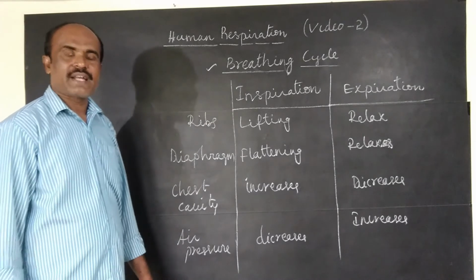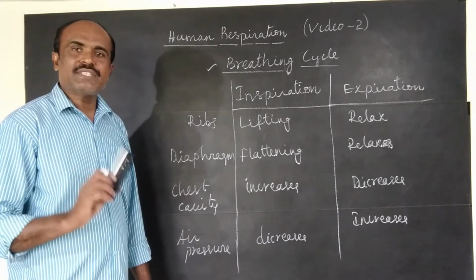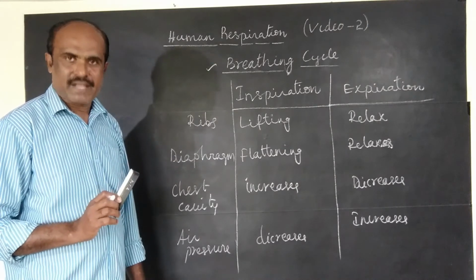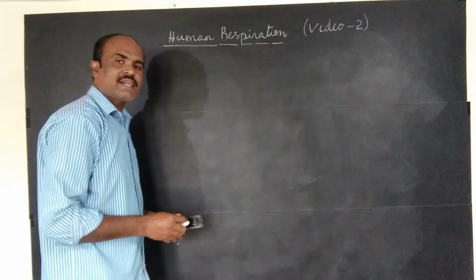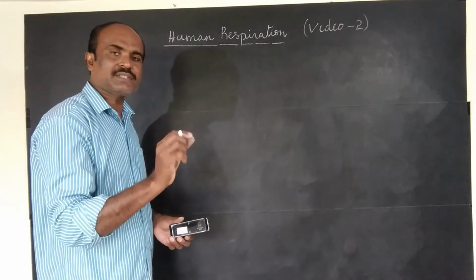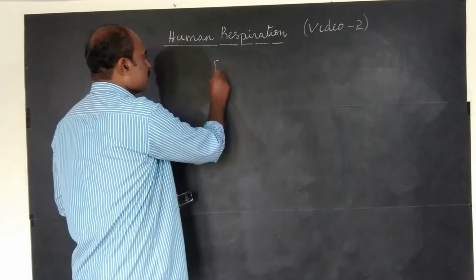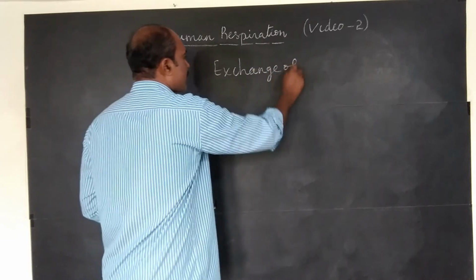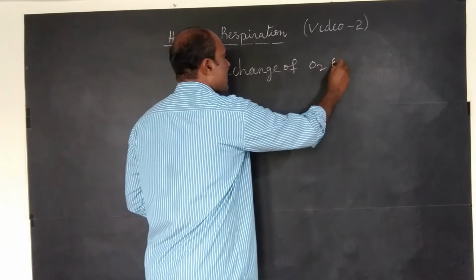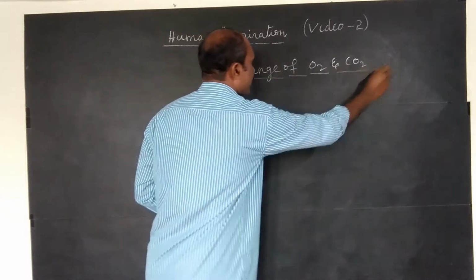Now let us understand exchange of oxygen and carbon dioxide. Let us understand how oxygen from air moves into blood. Very important.